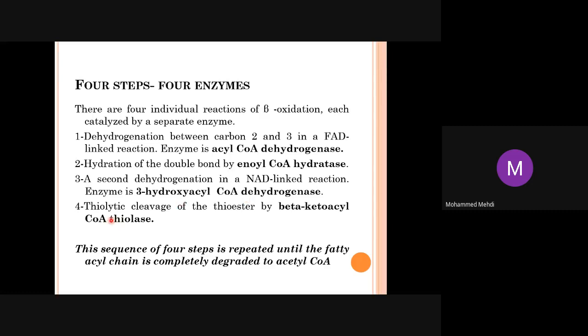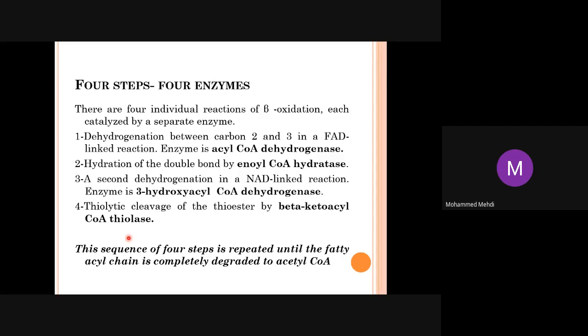The fourth reaction, thiolytic cleavage, cutting the 2 carbon. It occurs by beta-ketoacyl-CoA thiolase enzyme. In short, we call it thiolase. The first one is dehydrogenase enzyme, then hydratase enzyme, dehydrogenase enzyme, and thiolase enzyme. They catalyze this oxidation process.